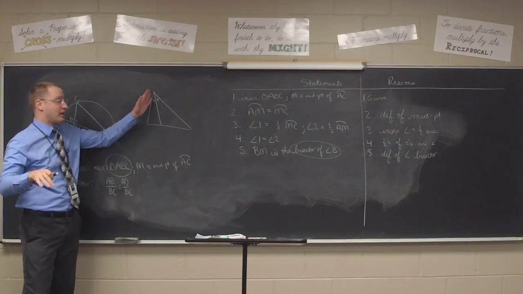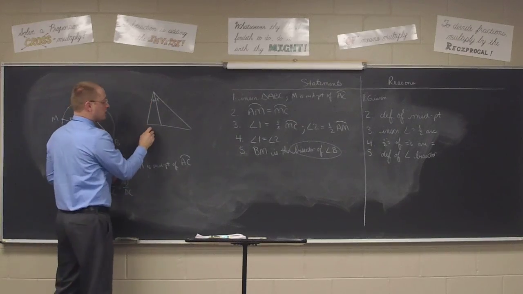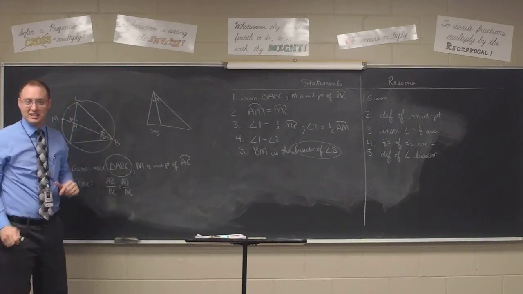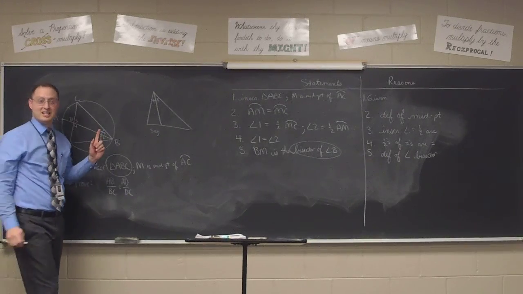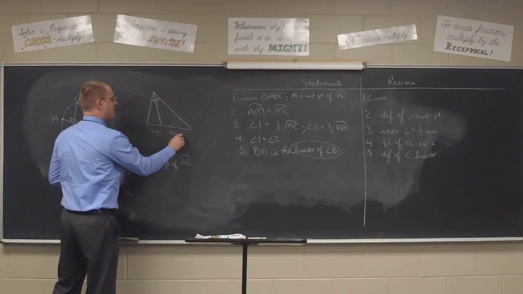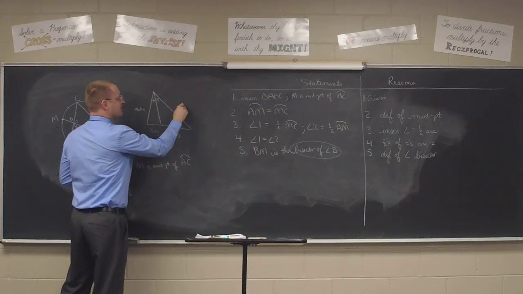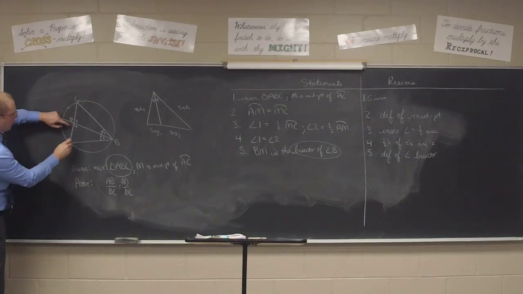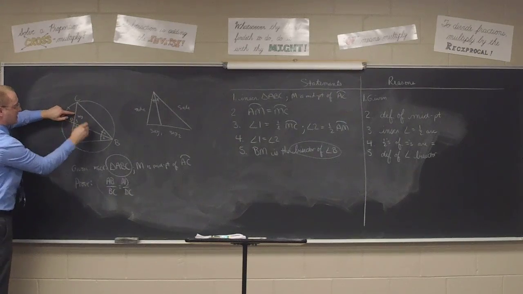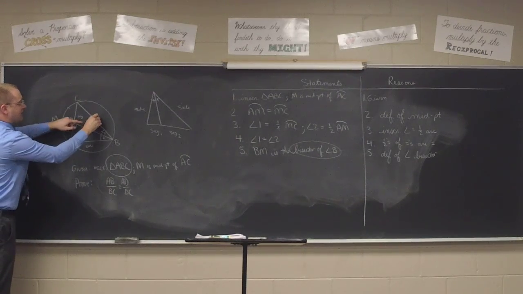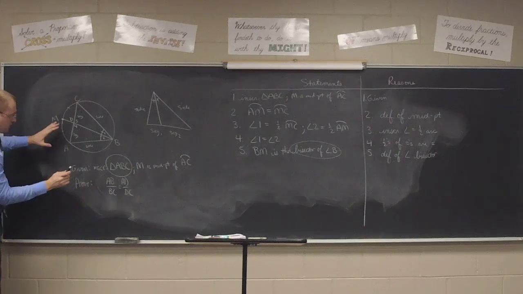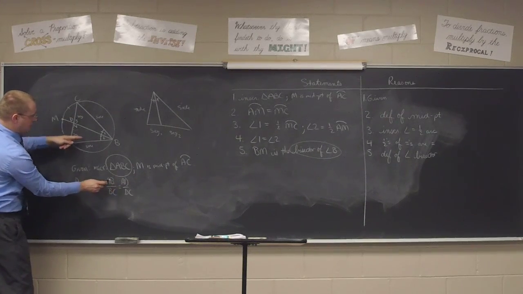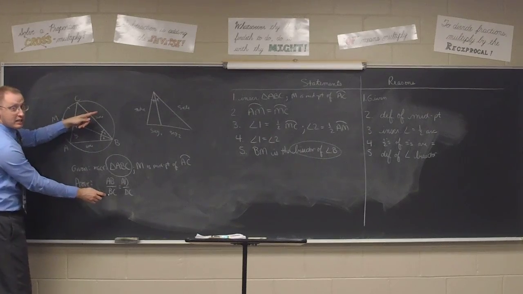Anytime I've got a triangle with an angle bisector, segment is to segment as side is to side. And here I have an angle bisector, so segment is to segment as side is to side.